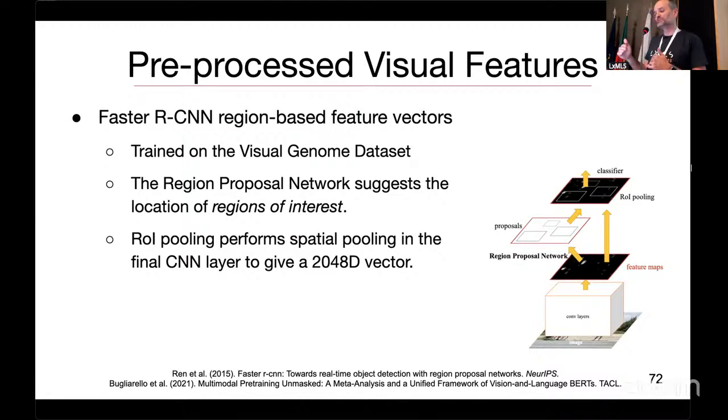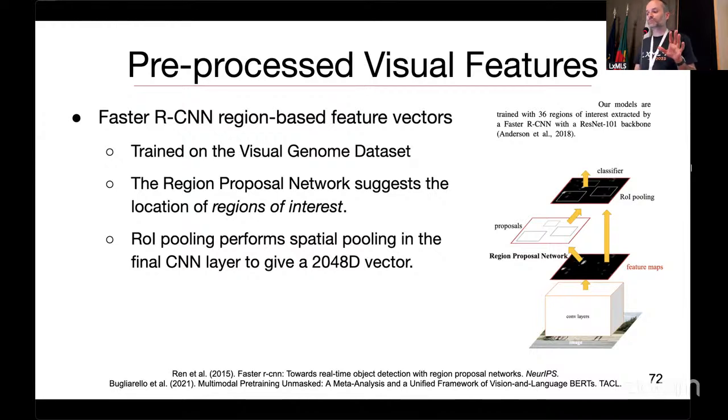The region proposal network would suggest where regions of interest might be. Those often co-occurred with being objects. And then you would re-encode those proposals with the CNN to give you a single dense vector representation of that part of the image. And people would usually work with maybe something like 36 regions of interest or maybe 100 regions of interest extracted from these types of models.